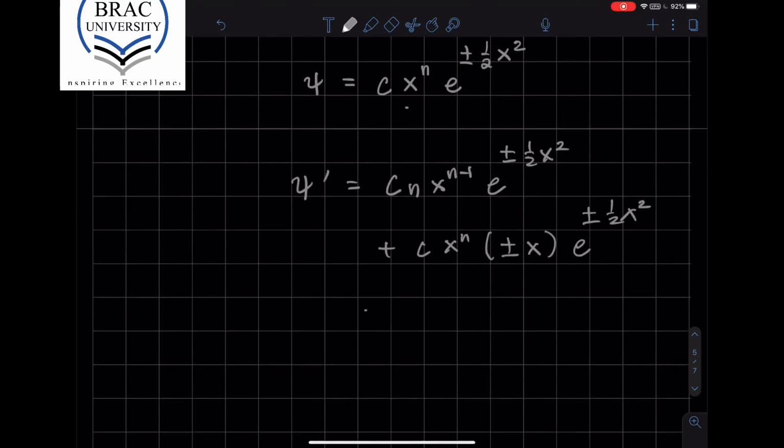So this is just going to be c n x to the power n minus 1, plus or minus c x to the power n plus 1, and the whole thing multiplied by the exponential part.